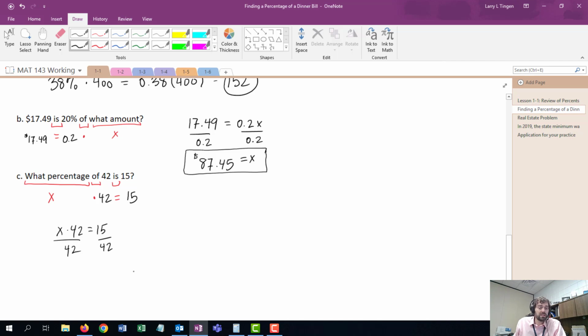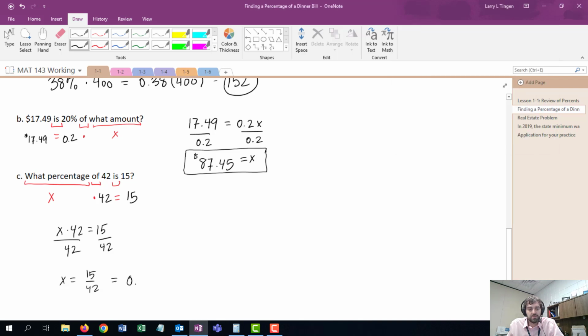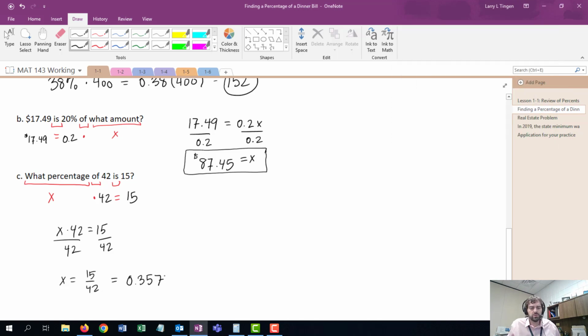If I do it to one side, I have to do it to the other, which means x is 15 over 42, which is what? 15 divided by 42. It's a big old jumble of numbers, 0.357, blah, blah, blah. And it's just going to continue going on forever.